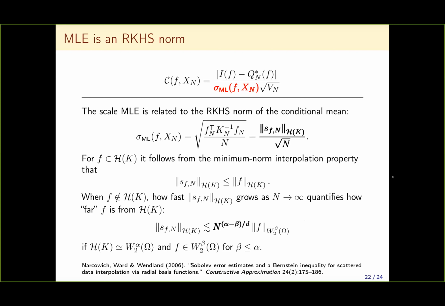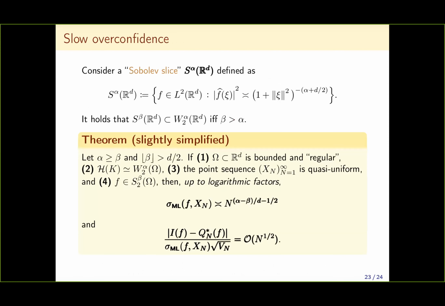And then we can bring these three results together, in addition to some other results that I'm not presenting here, to obtain a result about slow overconfidence at most of Bayesian quadrature. This is formulated in terms of something I like to call a Sobolev slice. This Sobolev slice consists of functions whose Fourier transform have exactly this rate of decay. So it somehow says that these functions are precisely alpha smooth.